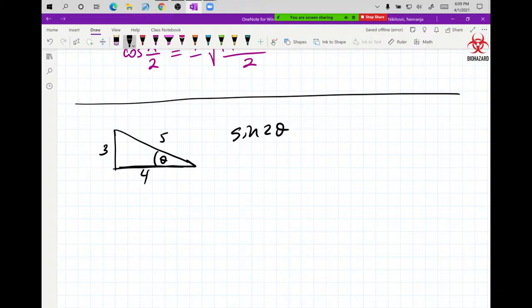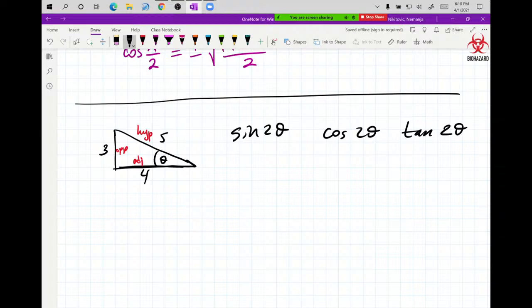They're interested in cosine 2 theta and tangent 2 theta. Not a problem. Well, first you have to get through the triangle. So 3 is opposite, 4 is the adjacent, and 5 is the hypotenuse. That's the longest side.